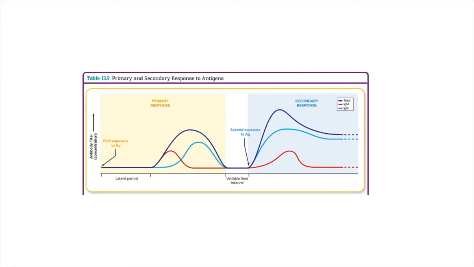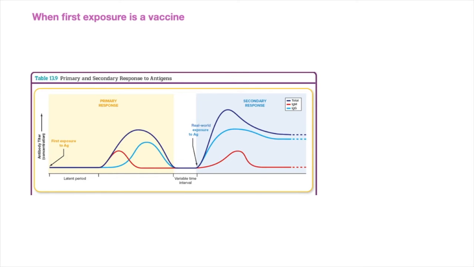And the whole point of vaccines is to artificially create the primary response with the yellow background so that you will have a robust secondary response as seen in the portion of the graph with the light blue background.